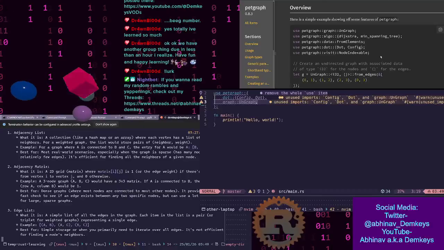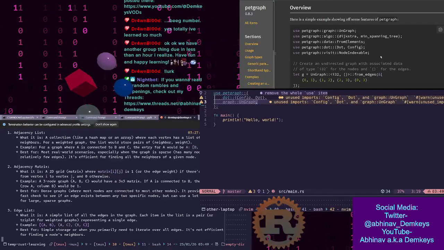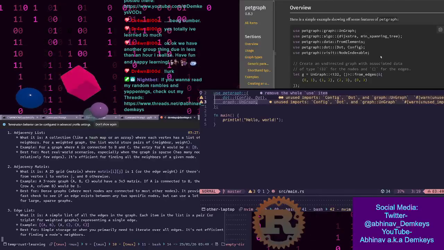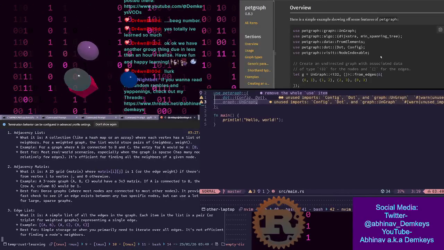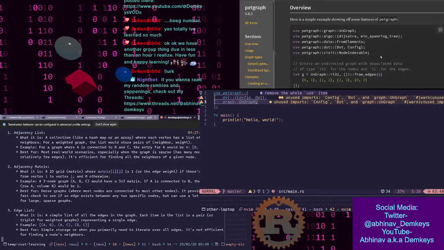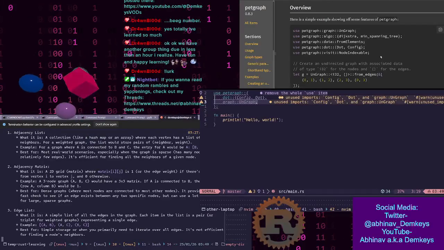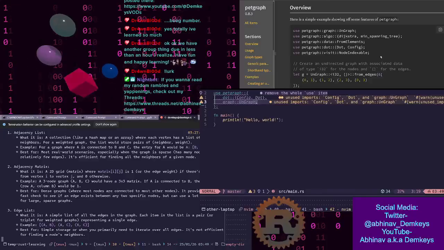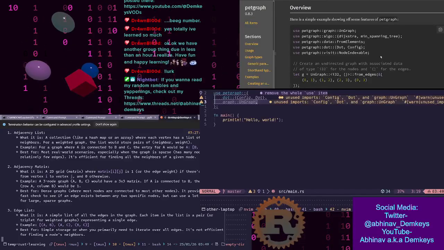So this represents the connections, and then you specify a 1 if they're meant to be connected, and 0 if they're not. Example, a 3-node graph, A, B, and C, would have a 3 by 3 matrix. If A is connected to B, the cell at row A, column B would be 1.